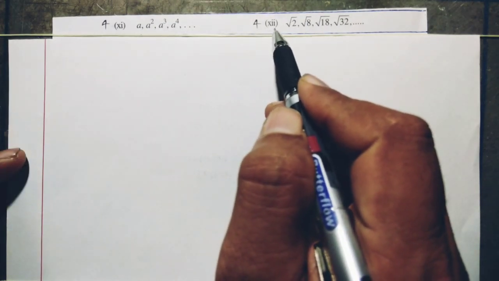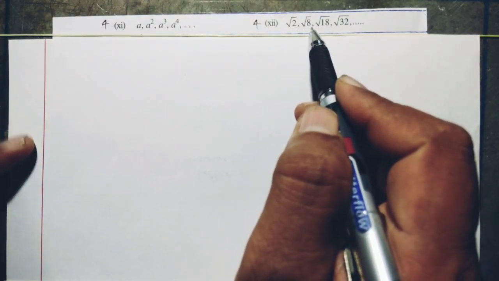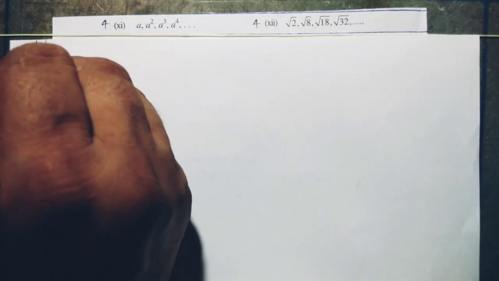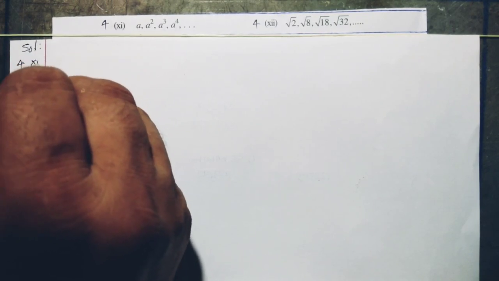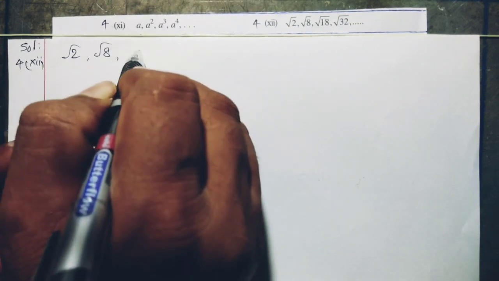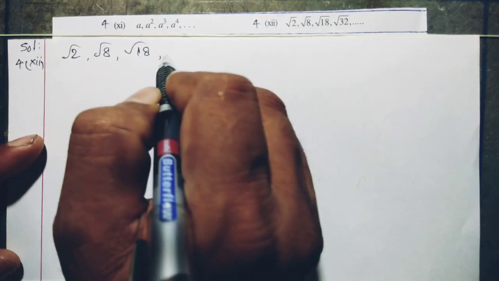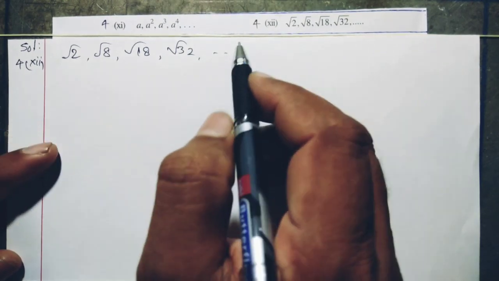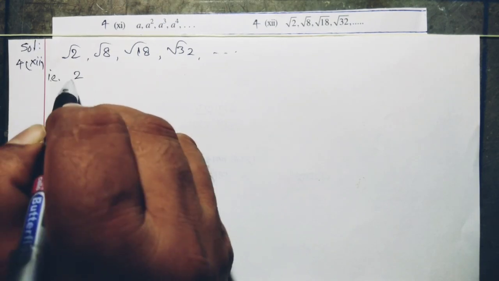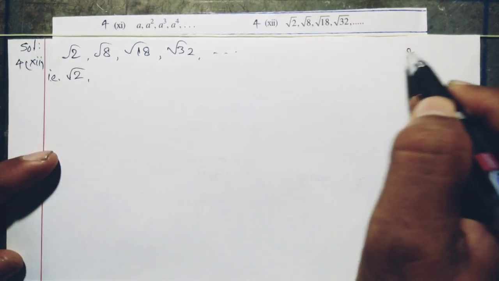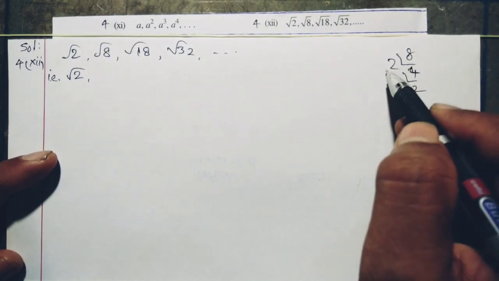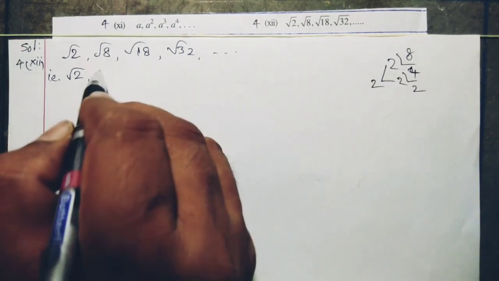Fourth bit, 12th problem: root 2, root 8, root 18, root 32, and so on. We can simplify this: the first is root 2. Root 8, we can write 2 4s are 8, 2 2s are 4, so 2 comes out, 2 root 2.